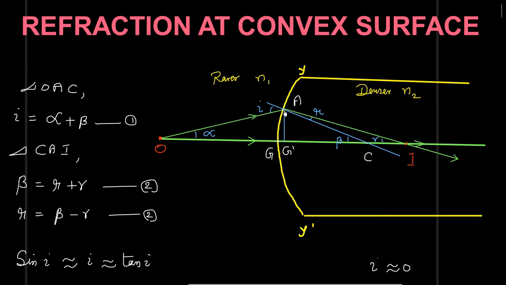From A, we draw a normal to the principal axis. The normal AG' meets the principal axis at G'.